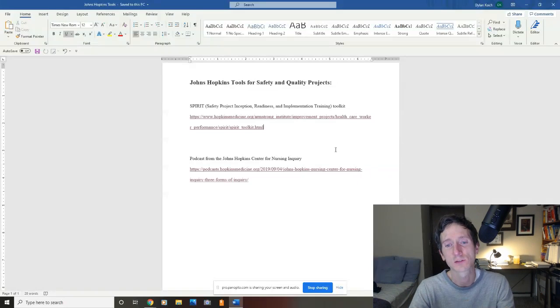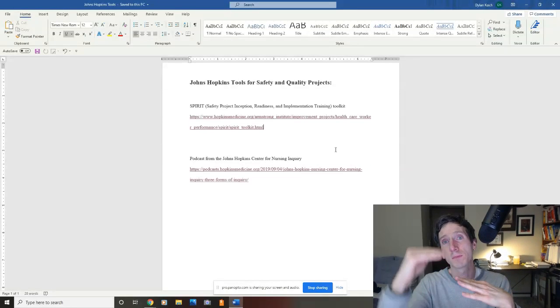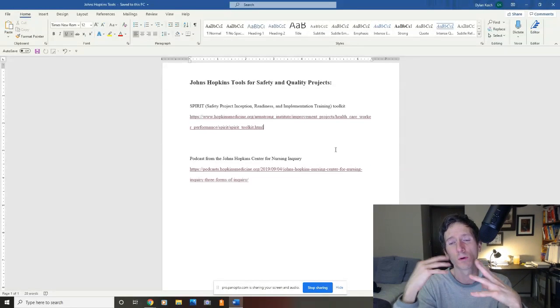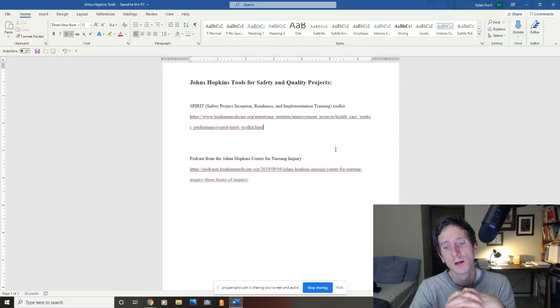So it's nice to start in a stepwise fashion, where I'd like to go over what is quality improvement, then a step up from that is evidence-based practice, and a step up from that would be, what is a research project?